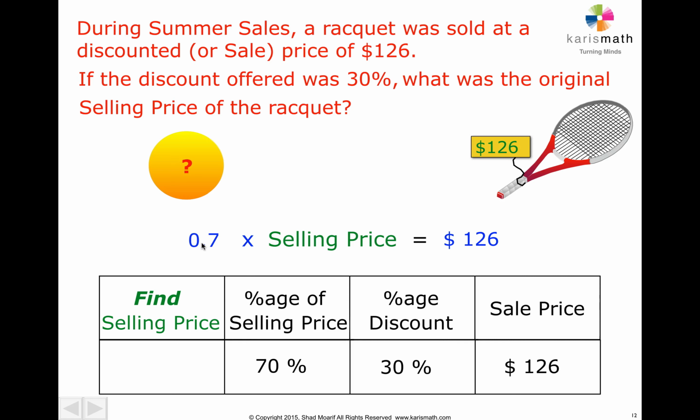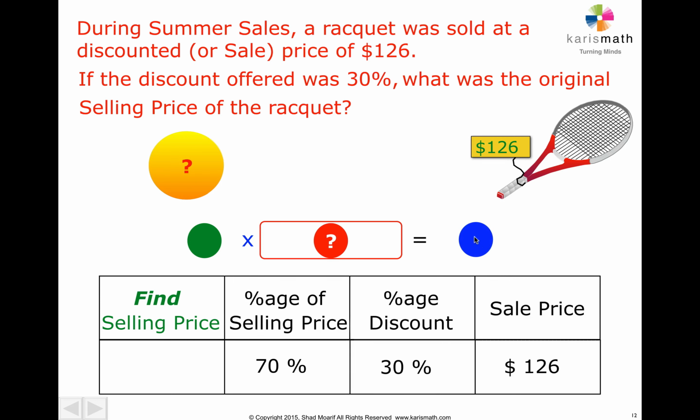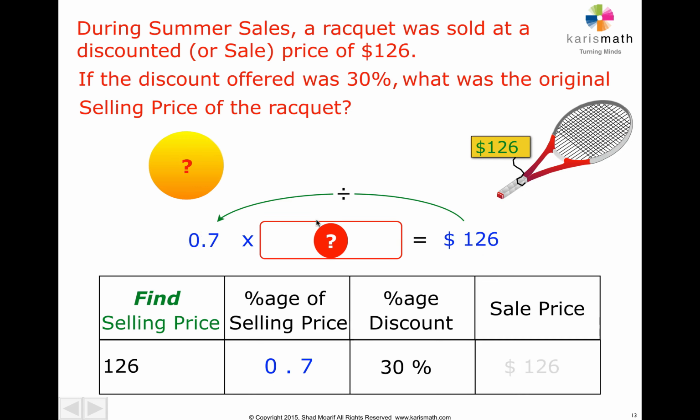What is this? 0.7 times selling price equals the sale price. So how do we find the selling price? Do you recognize that? All you do is divide the sale price by 0.7. That's the percentage.